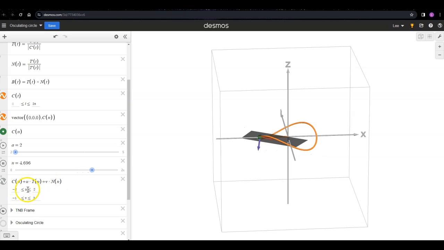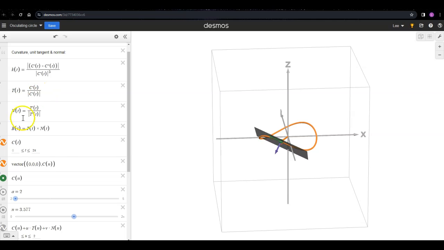I'm setting u to be -2 to 2, v -1 to 3. So that just takes us 2 in either direction along that green vector, both ways, and then 1 opposite the red, 3 in the direction of the red. So you can see how that plane is formed just by moving in the direction of each of those tangent and normal vectors.